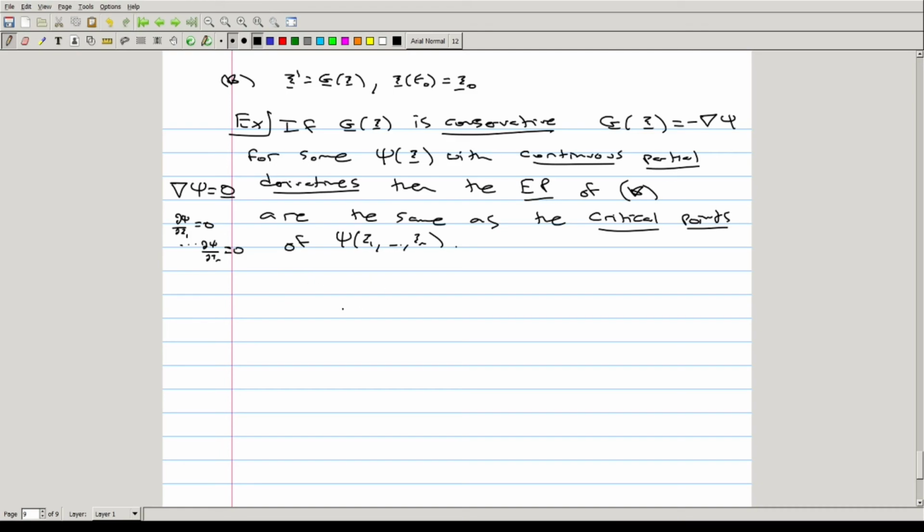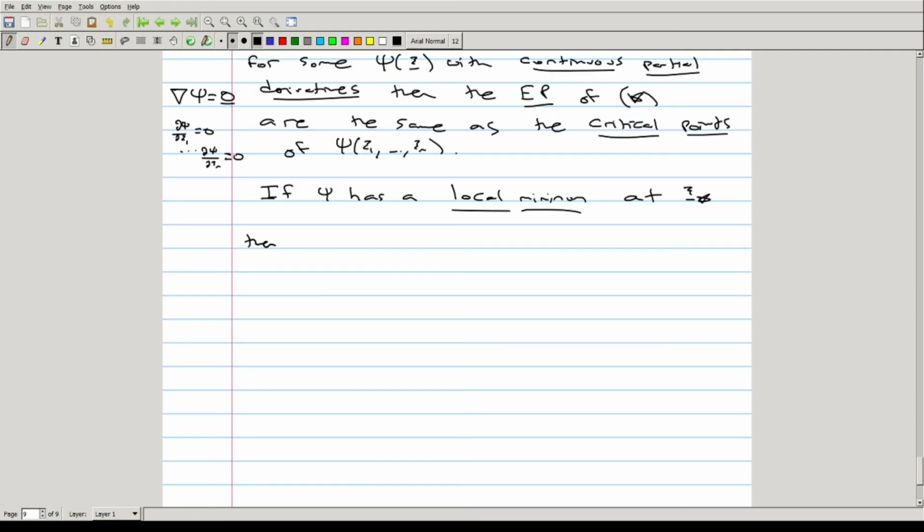And so what we can say then is that if xi star is a critical point, and if the function psi has a local minimum at xi star, then the function v of xi is equal to psi of xi minus psi at the critical point.